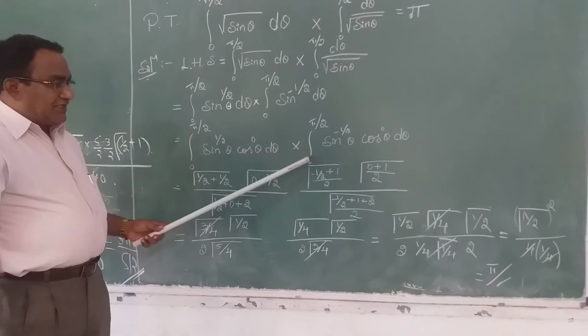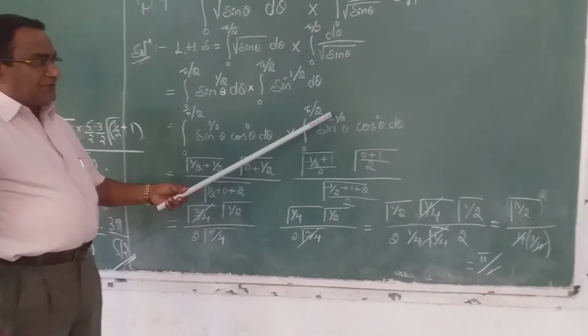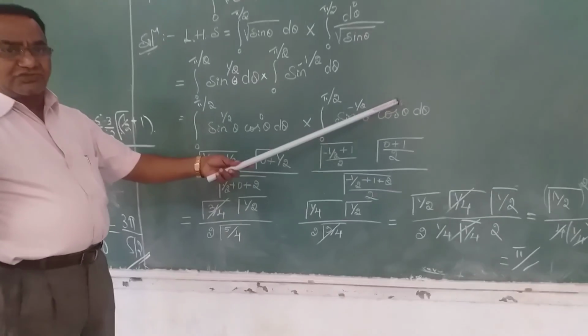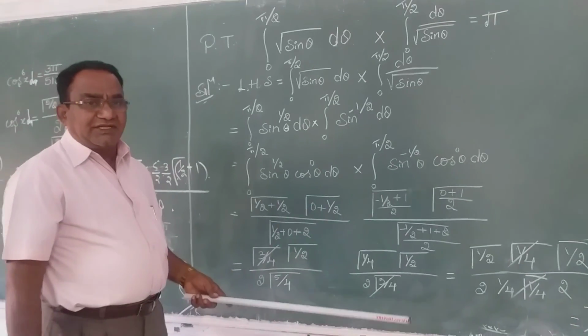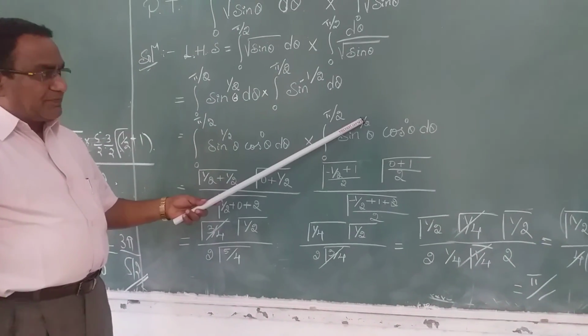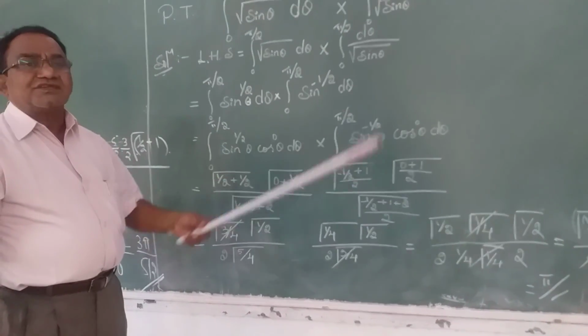You can write integral from 0 to pi by 2 of sin to the power minus half theta into cos to the power 0 theta d theta. So here your p is minus half and q is 0.